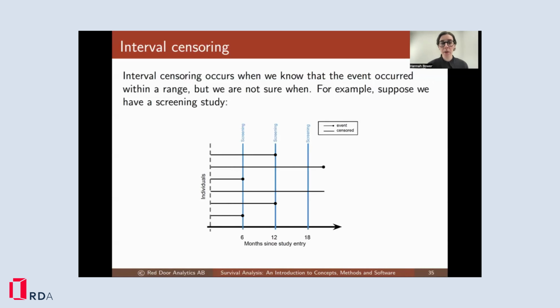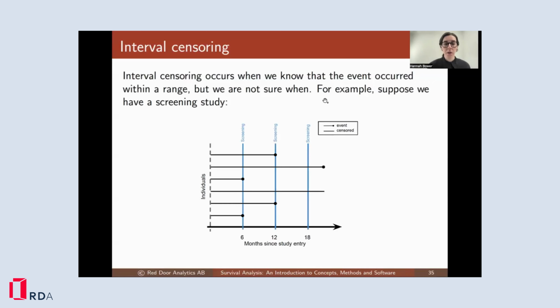So for example, suppose we have a screening study. We have individuals here on the y-axis and we follow them. Here we're looking at months since study entry. And at the blue vertical lines, we screen individuals to see if they had the event of interest at that time point.